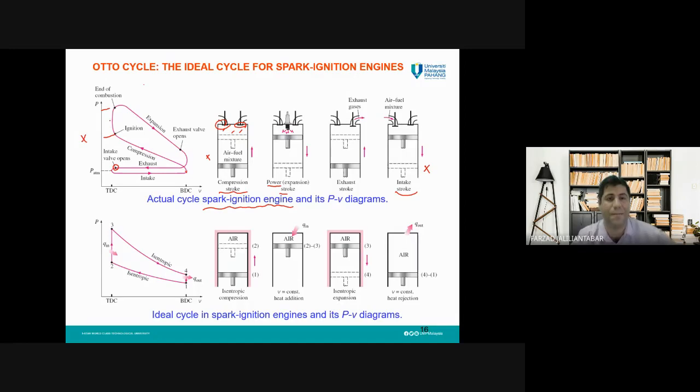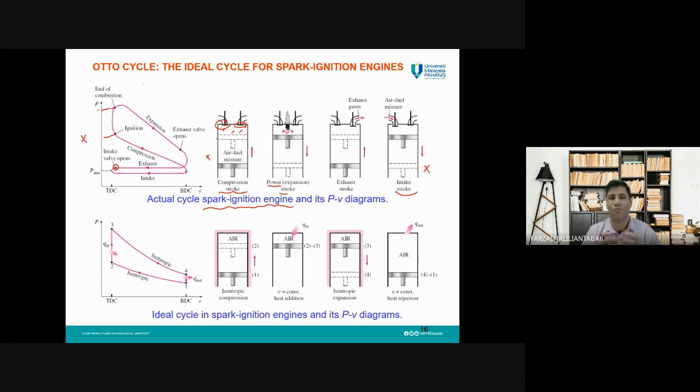Initially, its temperature will go too high, then pressure also will increase too much. So you can see here, ignition will happen before the piston reaches its top dead center, because the fuel combustion also takes time.